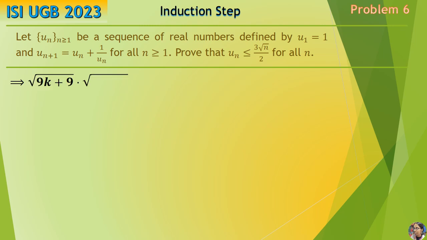So we have square root of 9k plus 9 into square root of 9k minus 7 less than 9k minus 1.